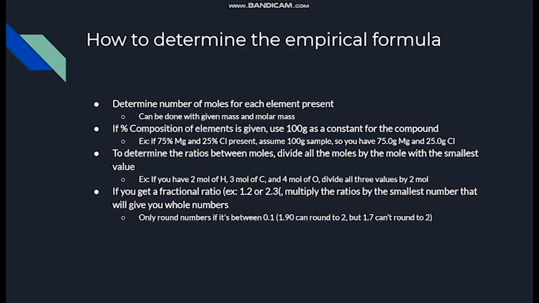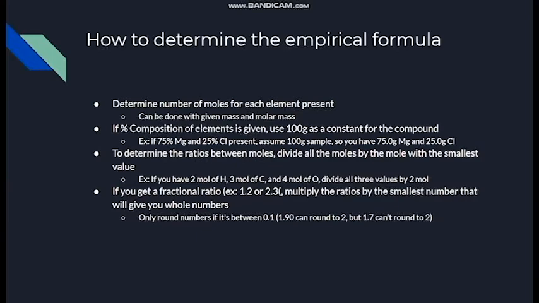If we're looking at another example, let's say 3.6, the closest to 3.6 would be 18 because 3.6 times 5 is 18. So you'd have to multiply all the ratios to get a ratio of 18, like that. So we can only round numbers if it's within 0.1.